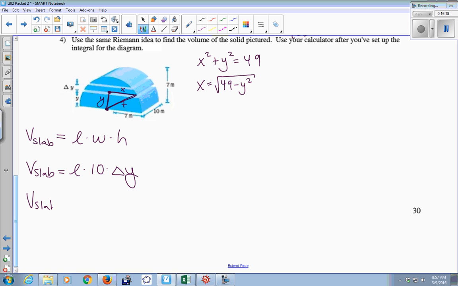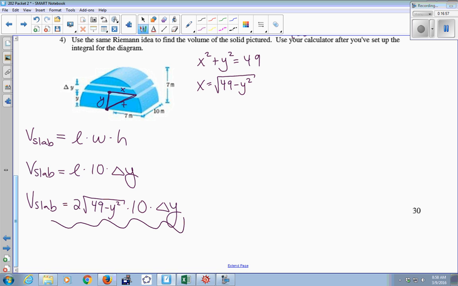Finally, I can write the volume of my slab as length, which is 2 square roots of 49 minus y squared, times 10 times delta y. Length times width times height. The only variable that shows up in that formula is y. You can use whatever variable you want. Sometimes we use y and sometimes x, depending on how we're stacking things, horizontally or vertically, as long as it's only one variable.